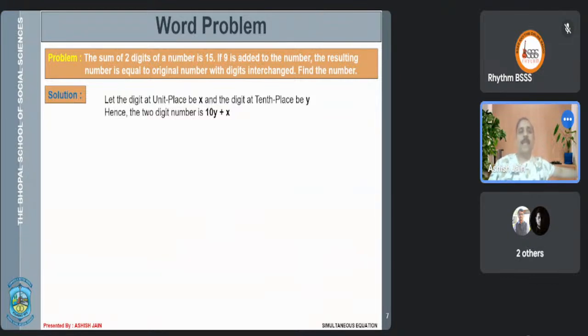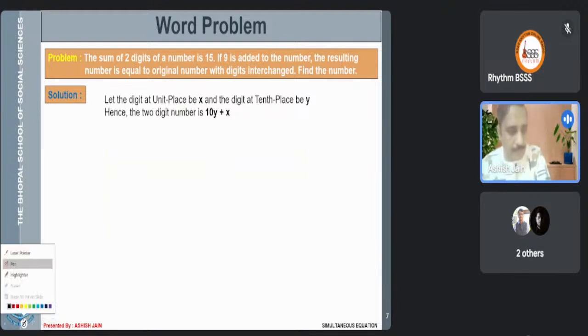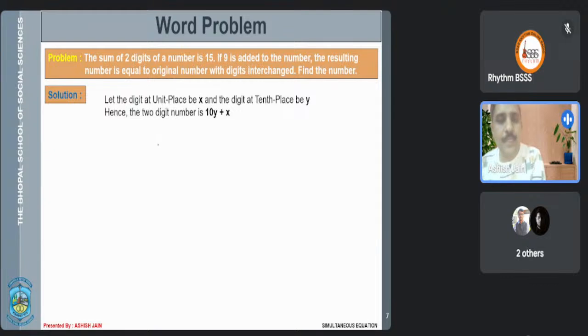So we said, let the digit at the unit place be x and the digit at the tens place be y. Now here it is very important for you to understand how we form a number. Look here, I'll tell you with an example. Suppose my number is 23.